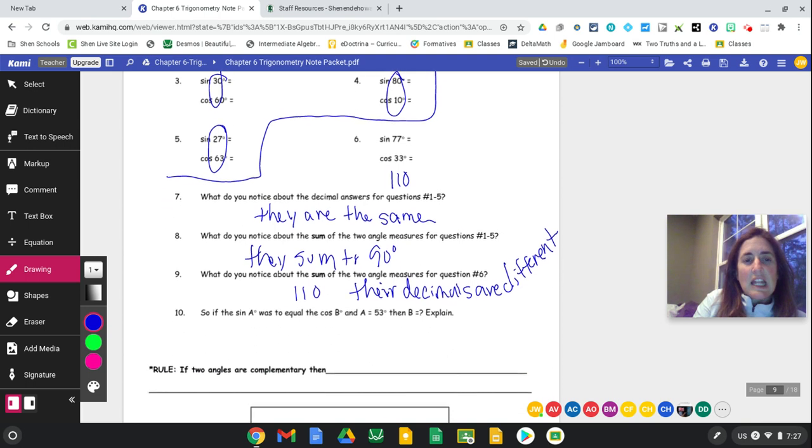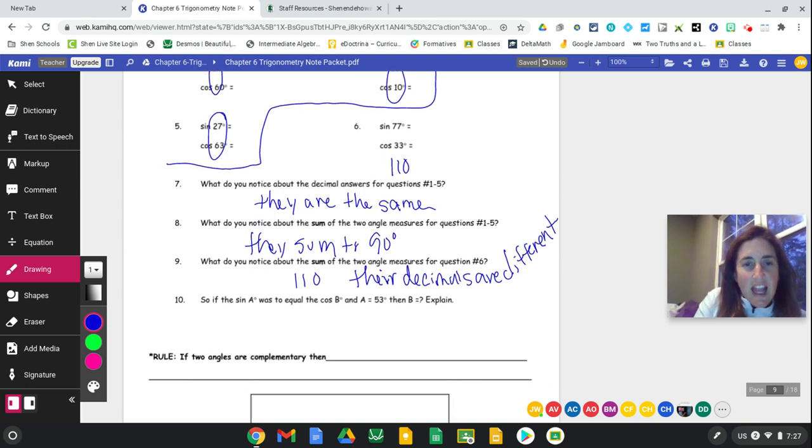So if the sine of A was equal to the cosine of B and A was 53, how could I figure out what B was? Well, according to above, if they were equivalent decimals for sine and cosine, their angle measures would have to sum to 90.